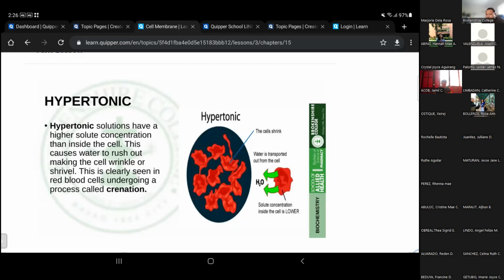So this causes the water to rush out, making the cell wrinkle or shrivel, and this is clearly seen in red blood cells undergoing the process of crenation or shrinkage. So as you can see here, the cell has shrunk in the sense that water moves outside of the cell. Do you get it?